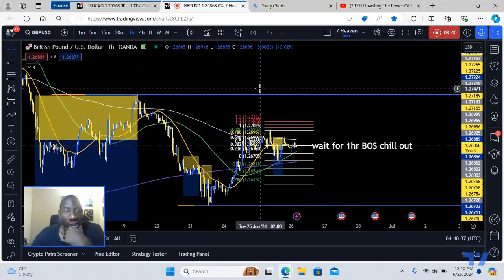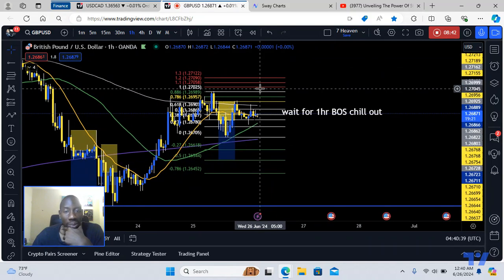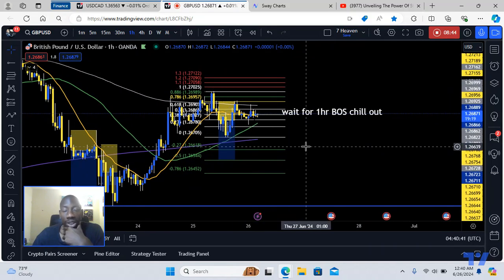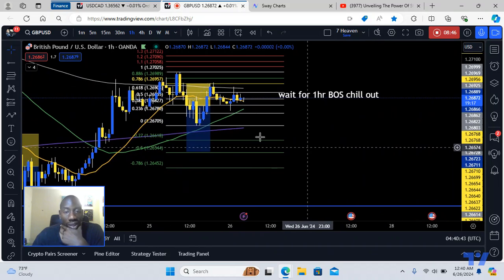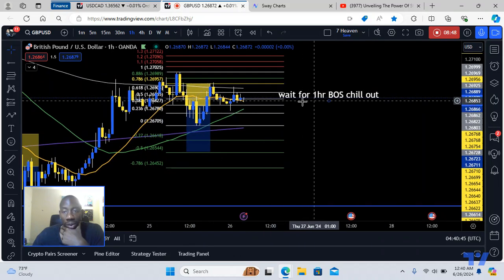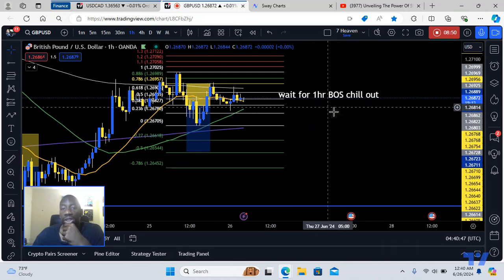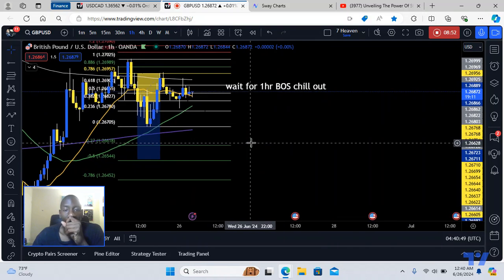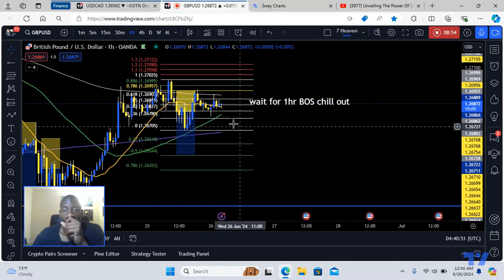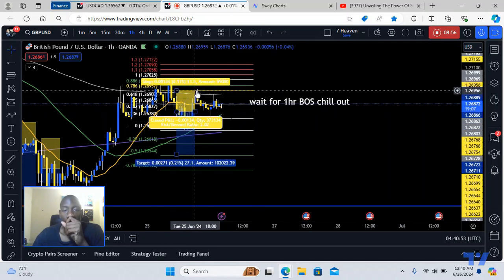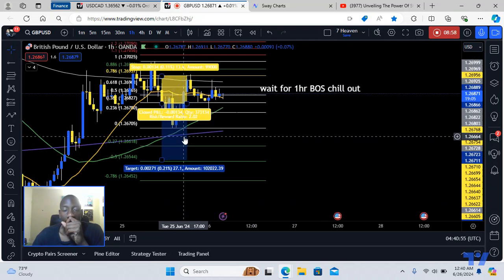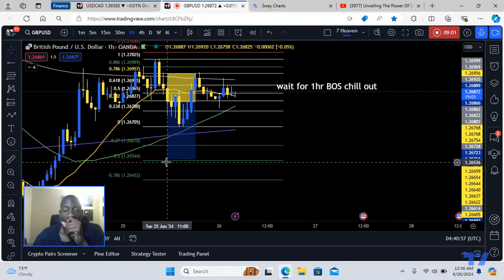Moving along, we have USD GBP. This is a setup waiting for a 1-hour break of structure. We had that to the downside, and this was this play, and of course it validated this area.